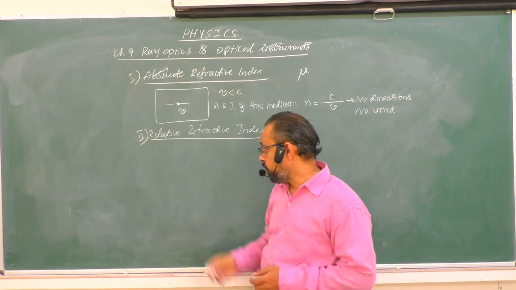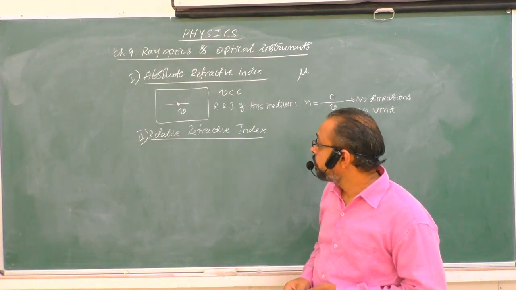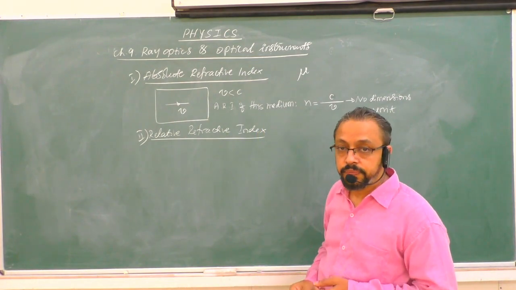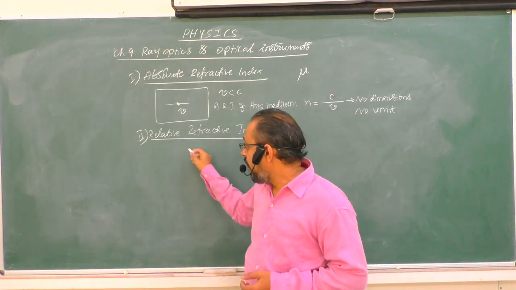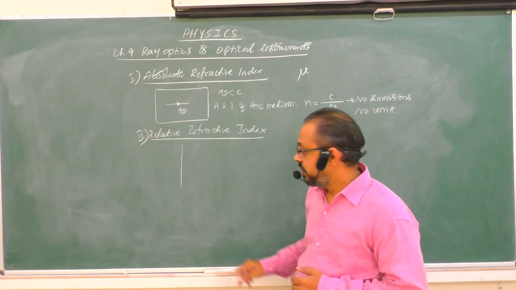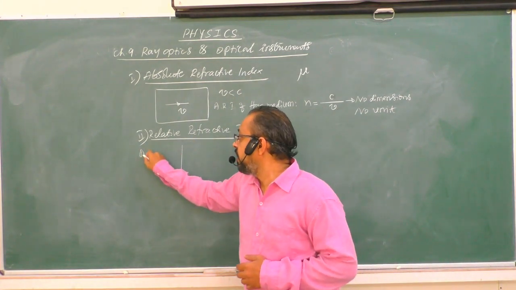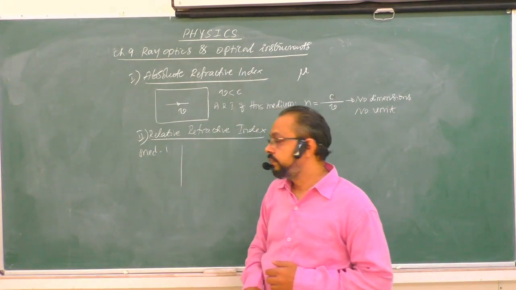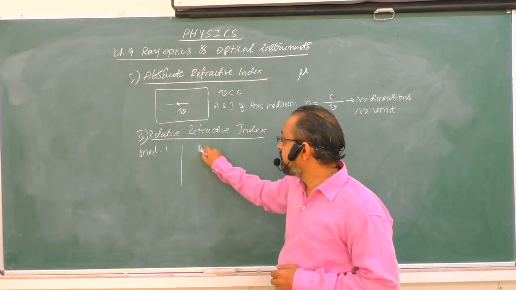Let me take one more definition. It is a relative refractive index. So for that, I have to think about a border. On this side, here is medium 1. On this side, here is medium 2.